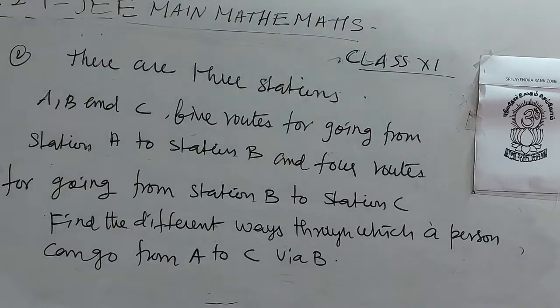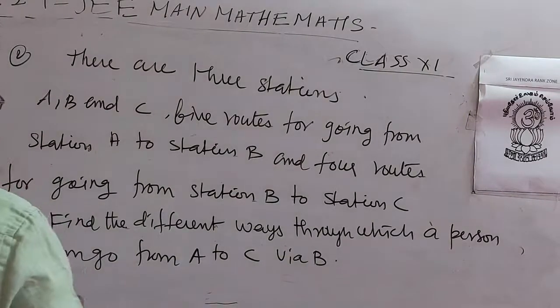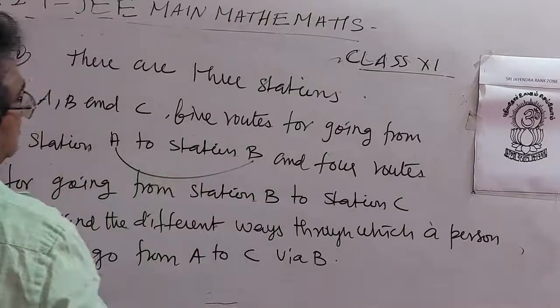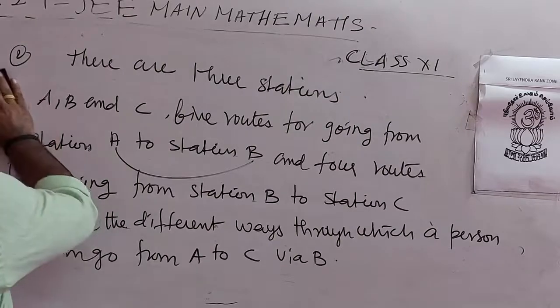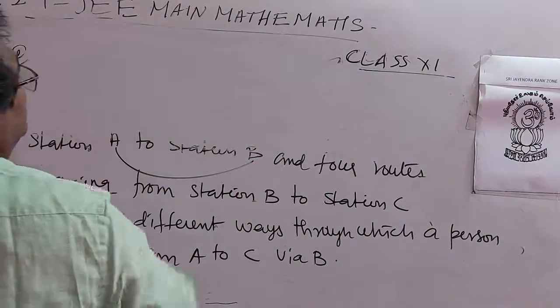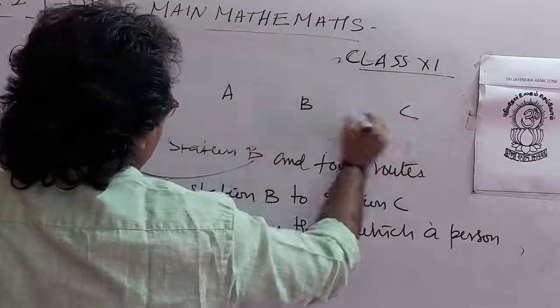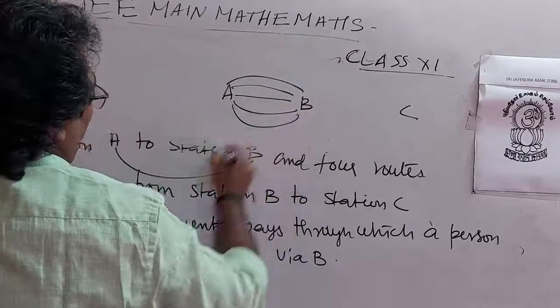There are 3 stations A, B and C. 5 routes for going from station A to station B and 4 routes for going from station B to C. Find the different number of ways through which a person can go from A to C via B. From A to B, 5 routes are there.